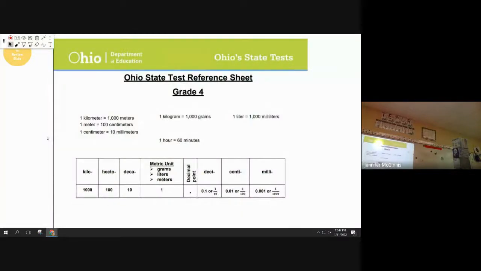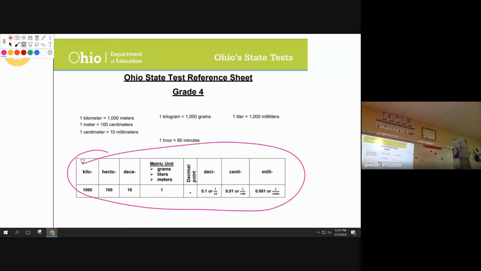Here is the place value chart that you're going to have on your Ohio State test, your AIR test, we call it. You get this reference sheet. And what you need to remember when you look at this chart is this.